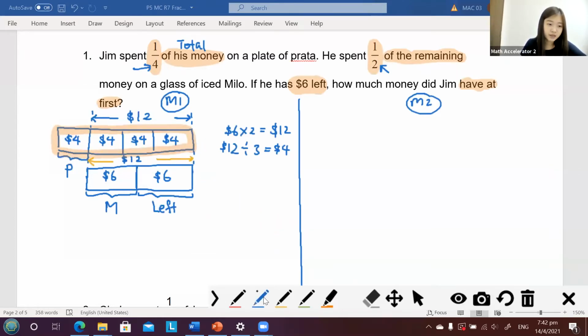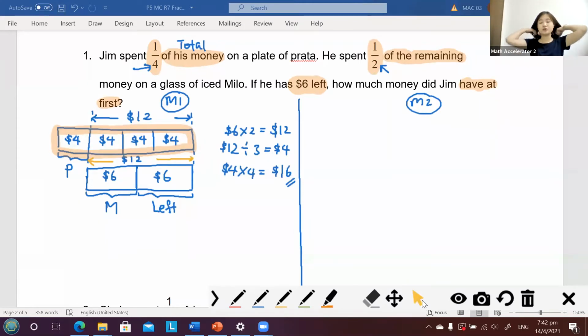So what will your final answer be? Yes, correct, I see a lot of 16 now. So all 4 units, you take your $4 times 4, which is $16. So that's method 1.